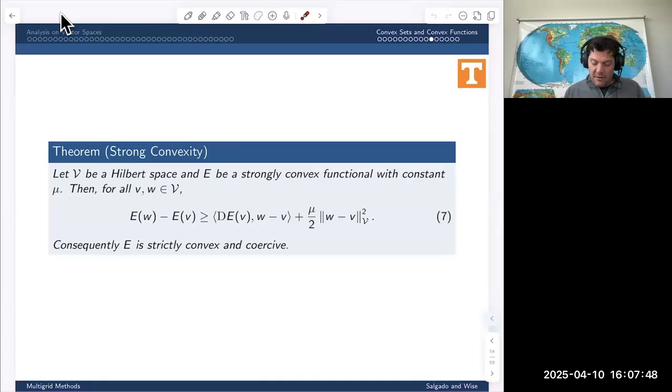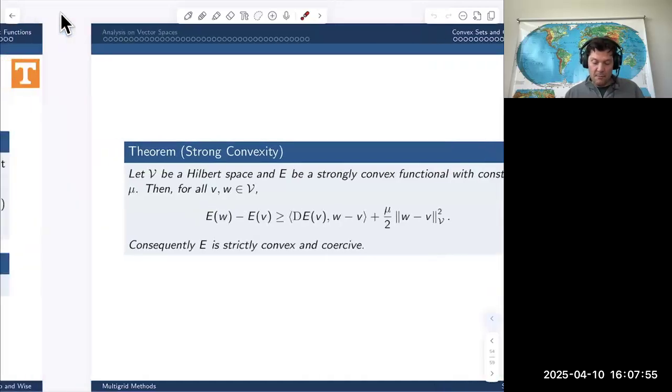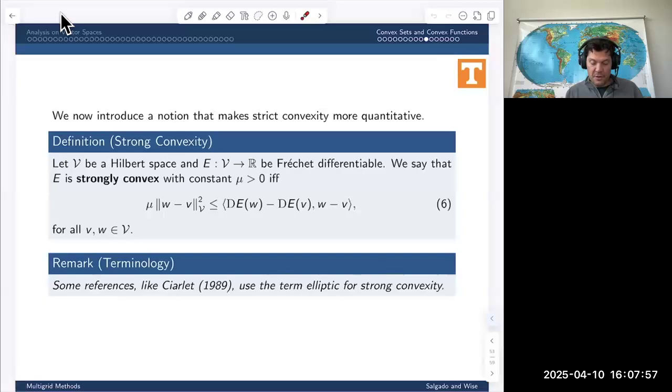So we've already proved 7. I'll step back through that proof once again, just to make sure everyone's comfortable with it. This is the notion of what we called strong convexity. The difference of these two derivative operators at two different points, W and V. Remember, those are linear functionals.